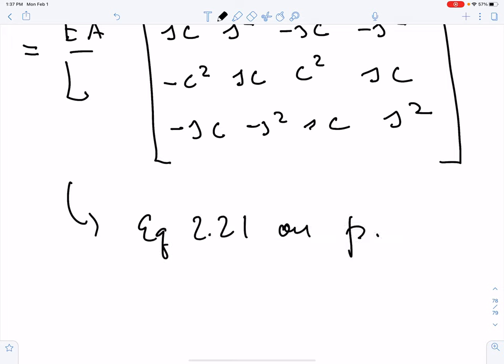And again, I send you to equation 221 on page 213 of the notes. Okay, all right. And so this is what I wanted to cover this week.